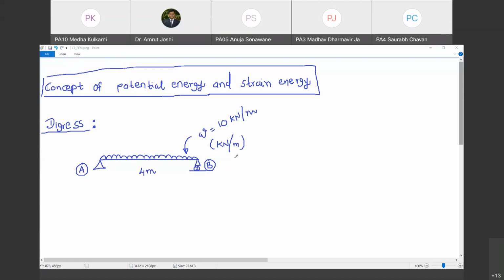So I have not said the span is L. Instead, I am taking a specific example where the span is 4 meter and the intensity of uniformly distributed load acting downwards on this entire span of beam AB is 10 kilonewton per meter. Are you with me? Yes, sir.